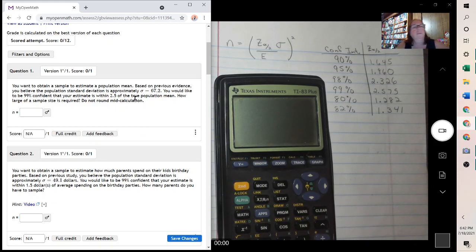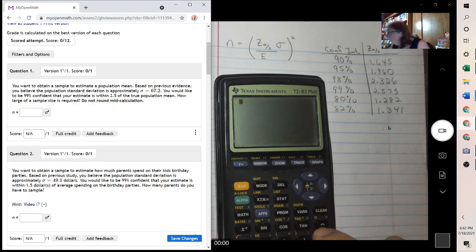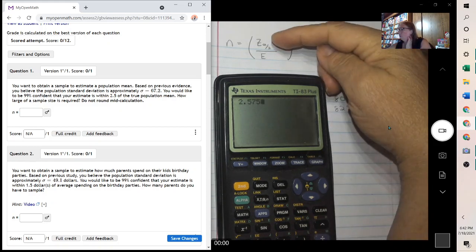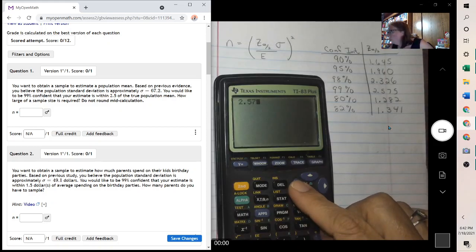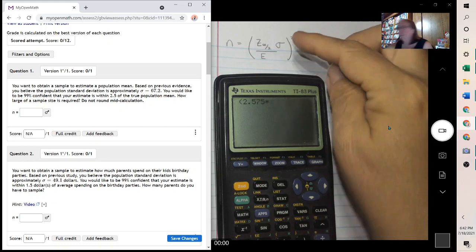So we look at the first problem, the confidence level is 99%. Well, 99% is 2.575. So we go 2.575, because that's our z. Let me put in parentheses. 2.575 times the standard deviation.